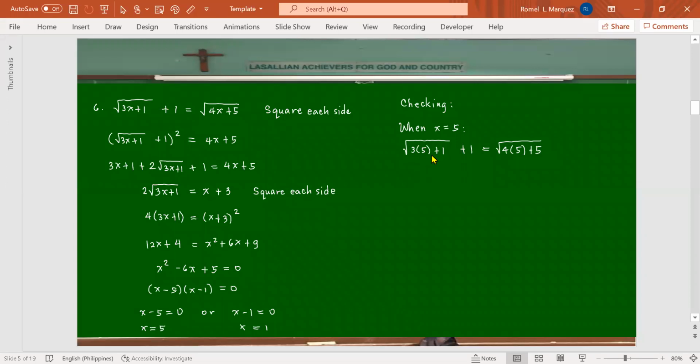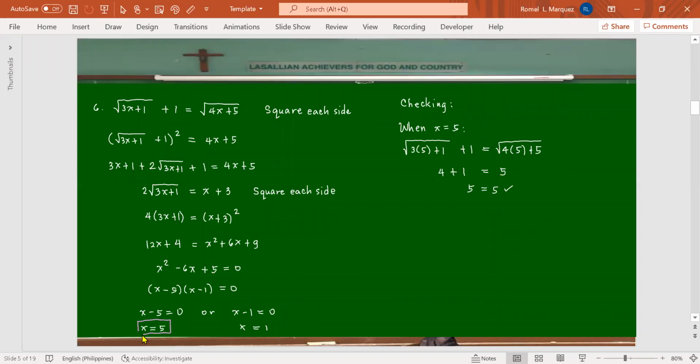What is this? 16, right? The square root of 16 is 4. Then plus 1. 4 times 5 is 20 plus 5, 25. The square root is 5. Is 5 equals 5? Yes. Therefore, we box this.